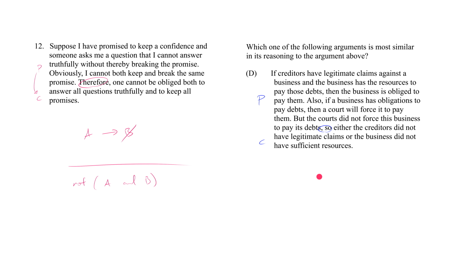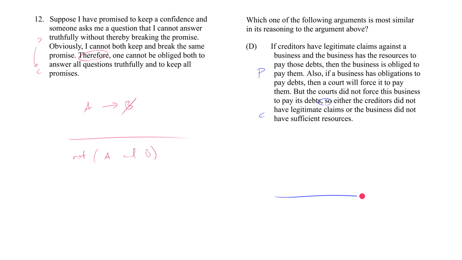All of these are premises. And if we map out the conclusion, or really if you apply the shortcut of the conclusion comparative method, you can again see that D doesn't look right, because the conclusion in D is a not A or not B situation, either not having legitimate claims or not having sufficient resources. Now let's map out the premises.